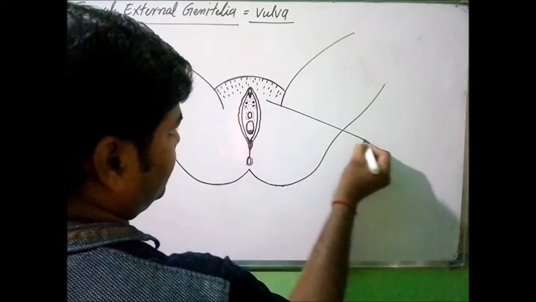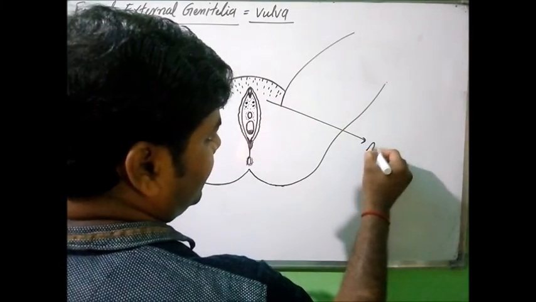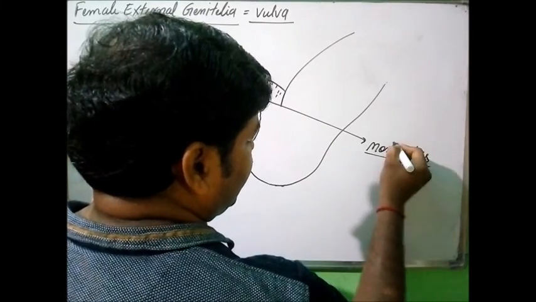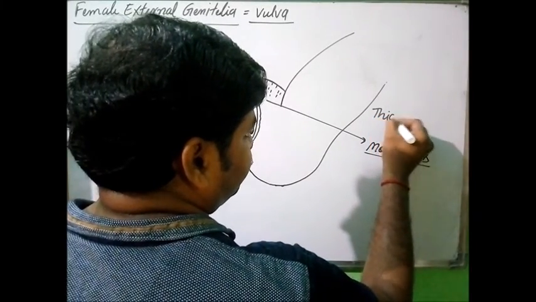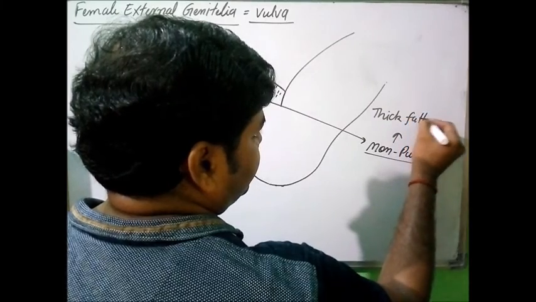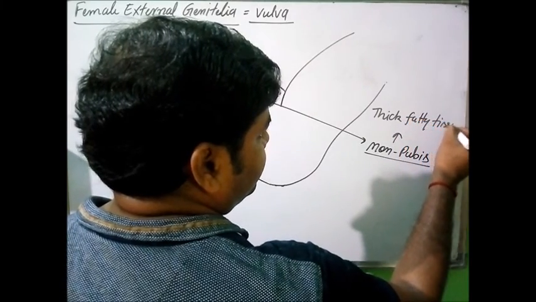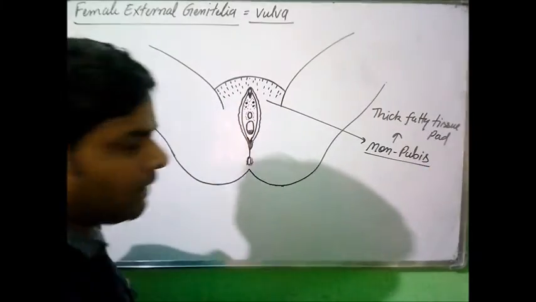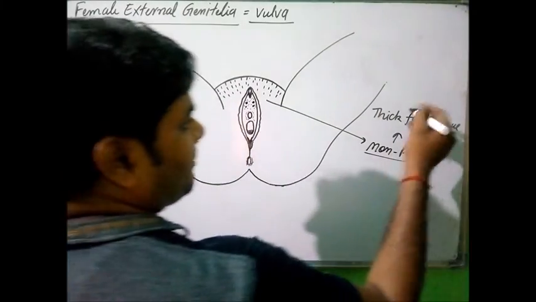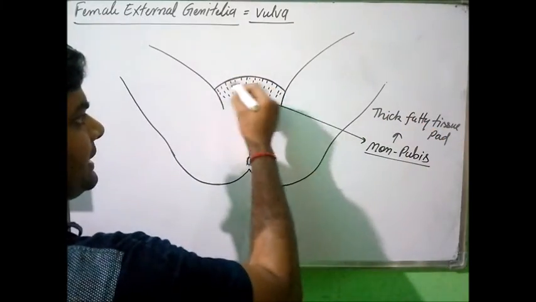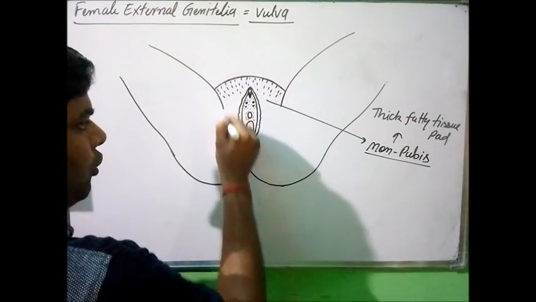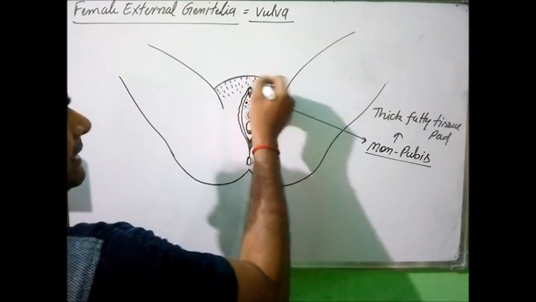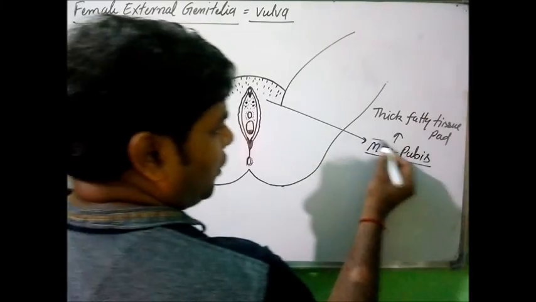This area is called mons pubis, which is nothing but a thick fatty tissue pad, okay, fatty tissue pad which is covered by skin and pubic hairs. So this is skin and pubic hairs. So this whole area over which the female external genitalia is situated is called mons pubis.